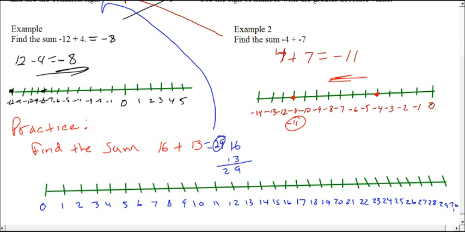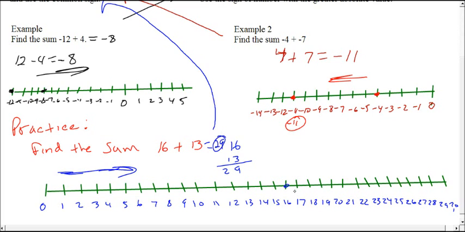So now we can look and see what we check with the number line. So we're going to the right, and we're starting at 16. So here is where we'll start.